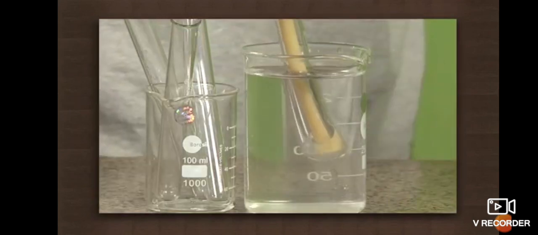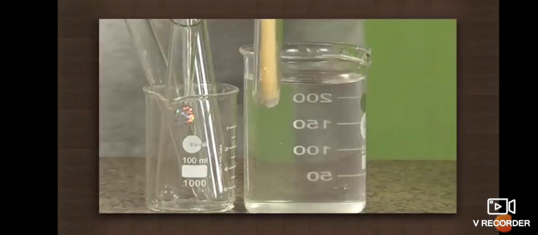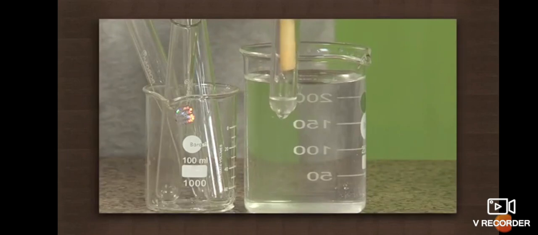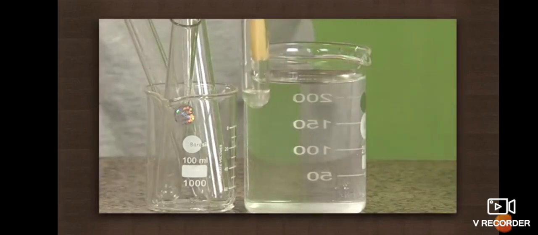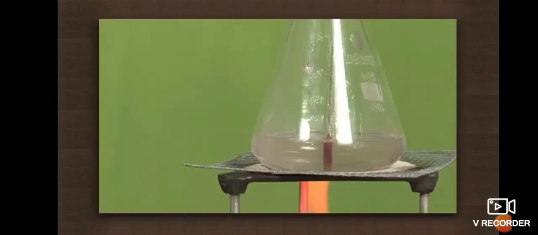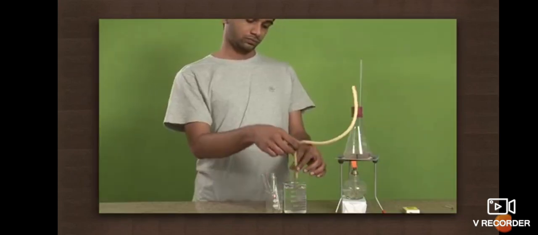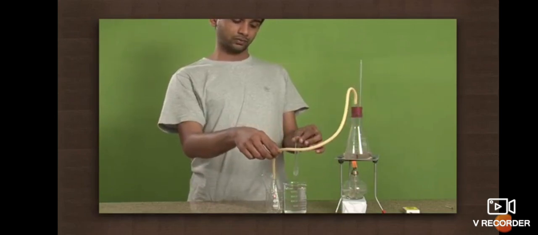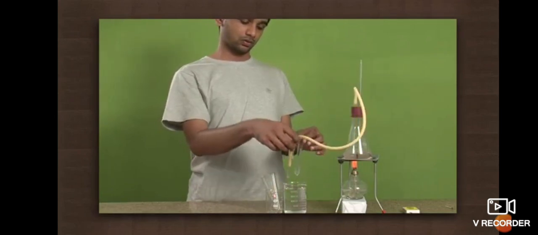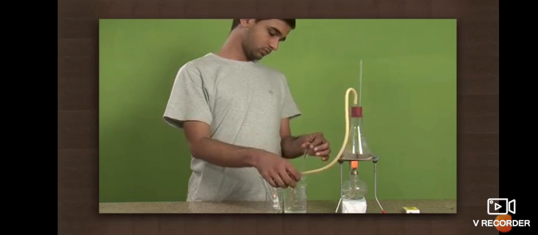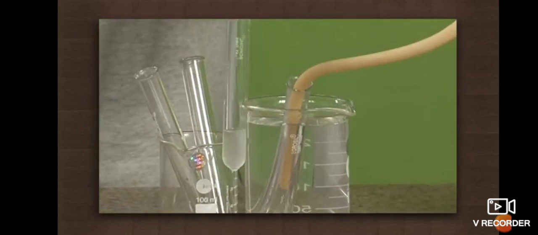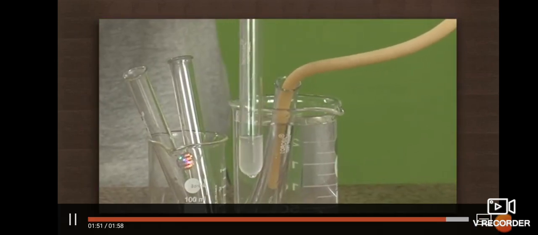Alcohol vapors formed here pass through the delivery tube into the test tube, which is kept in the cold water. The vapors condense and turn to liquid alcohol in the test tube. Keep on heating the flask. After all the alcohol gets vaporized, the temperature starts to rise again towards the boiling point of water. The vaporized alcohol is collected in the test tubes in the purified form, and all other impurities remain in the flask.